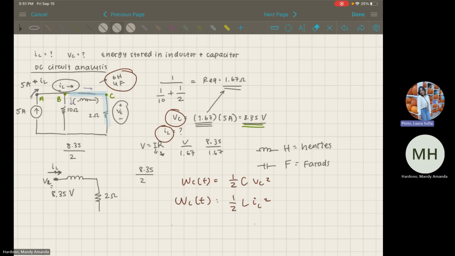This might sound like a random question, but did you have any method to memorize these formulas, or did you just do them so many times that it became habit? Yeah, after so many times, you just remember all these formulas, like the energy stored in the capacitor, energy stored in the inductor.